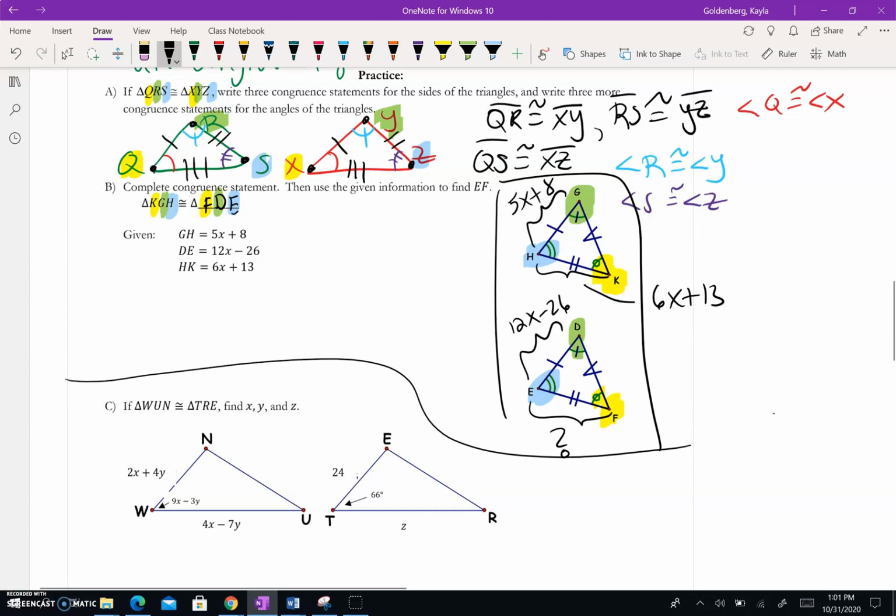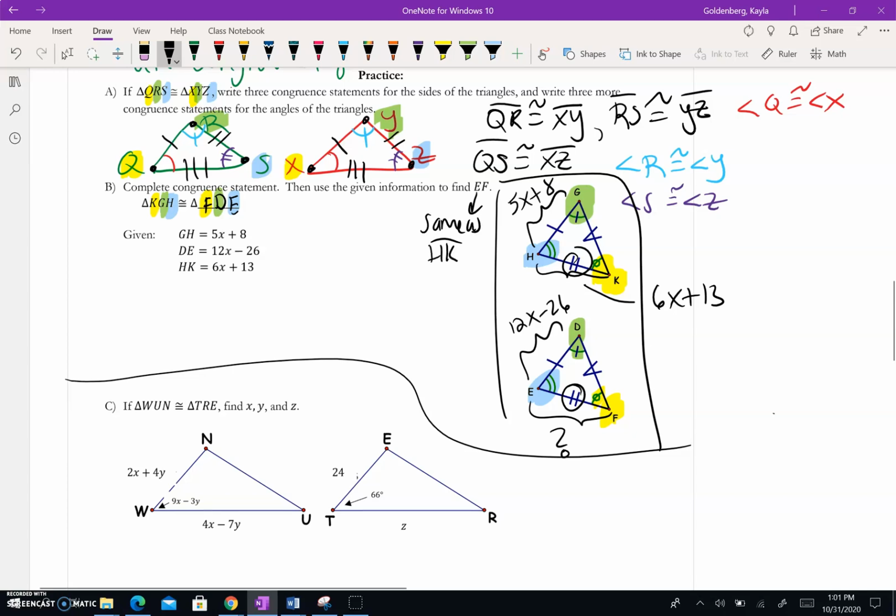Now, what's really annoying is E to F has no information marking its side. So if I knew something like E to F was 2x plus 3 long, once I had x, I could plug it in. But how do I find how long E to F is? Well, let's see. I have these 2 tick marks as a clue, and so does this side. So that means EF is the same as side HK, right?